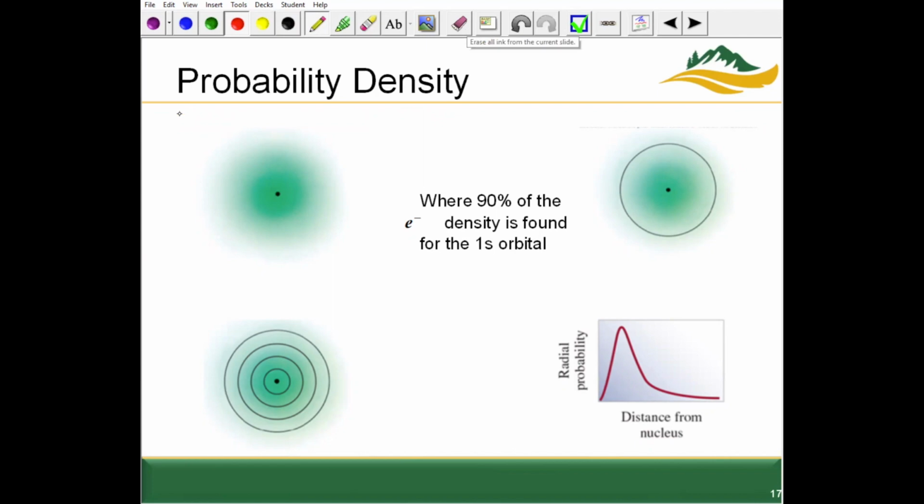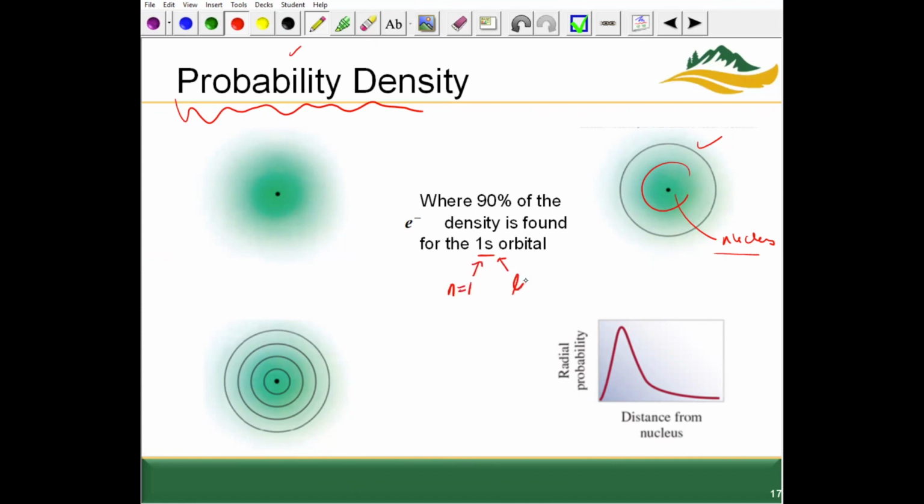So again, we're trying to describe the possible locations of an electron around the nucleus. When we're attempting to describe the location of electrons around a nucleus, we can actually think about the probability of finding an electron in a certain volume. For example, for a 1s orbital, that is n equal to 1.